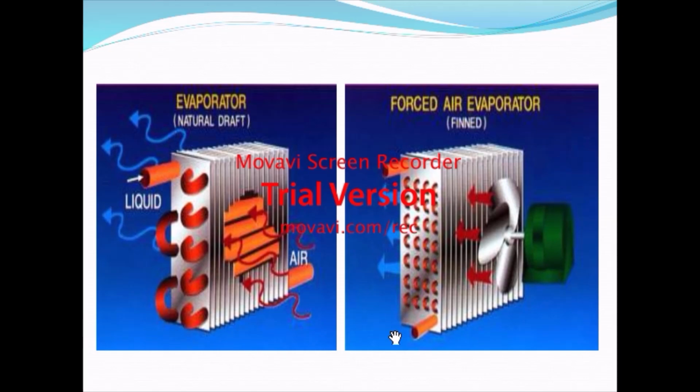This one shows how the finned evaporator works. The fin is the silver color, and then the yellow or orange, this one orange I think, and this one red because it is so hot. The liquid is supplied from the input here, and then the refrigerant will go through this tube.